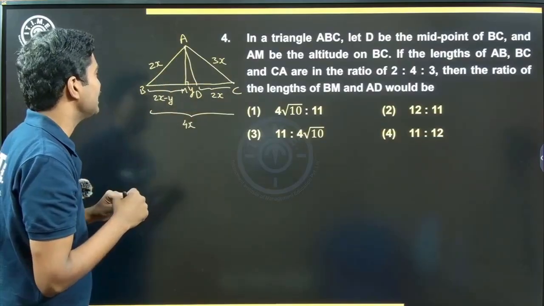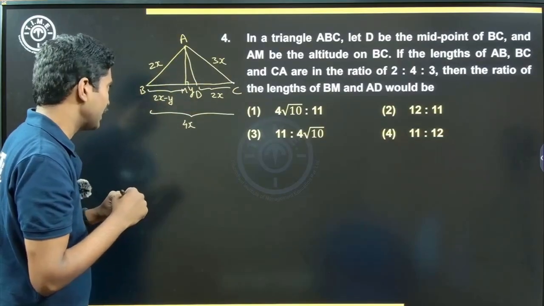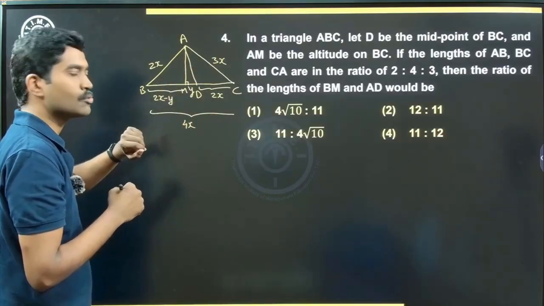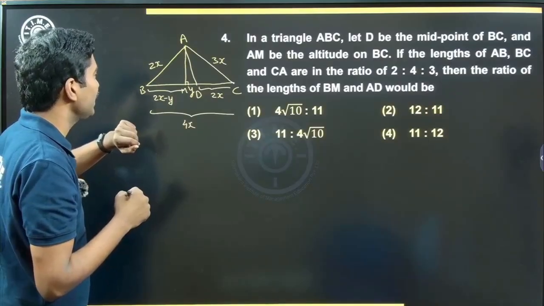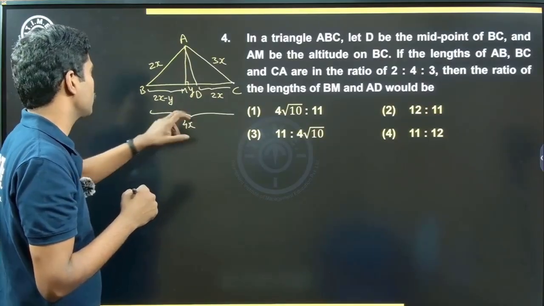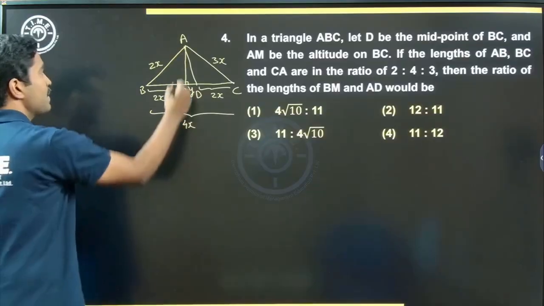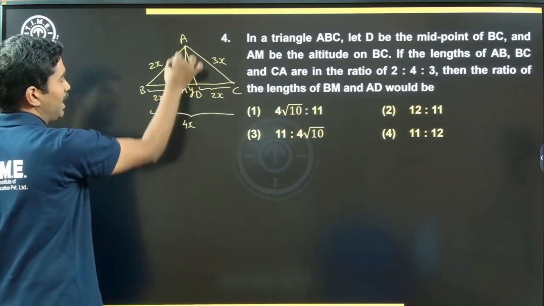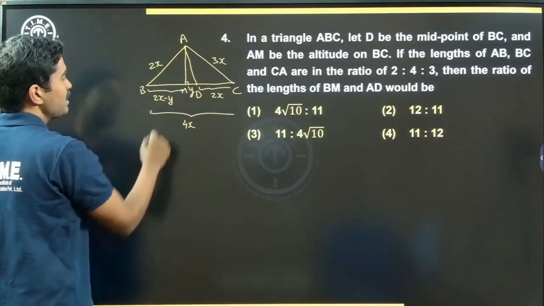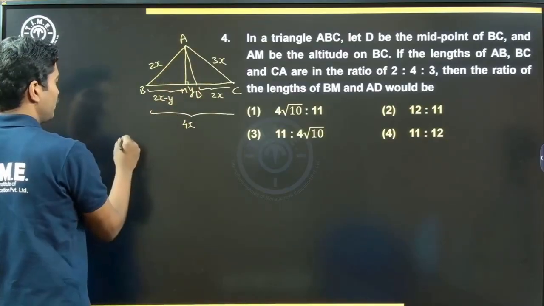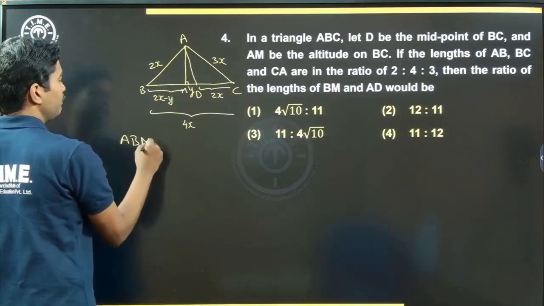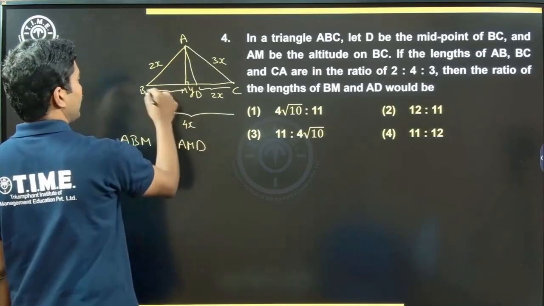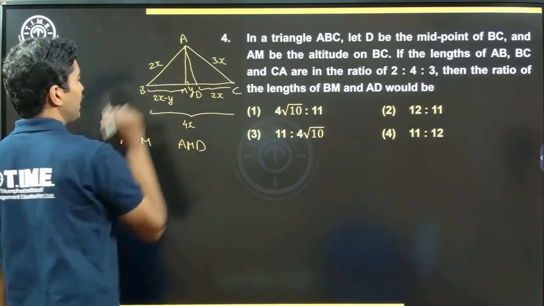And AD is the median of triangle ABC, but AD is also the hypotenuse of triangle AMD, correct? So what can we say here? AM is the perpendicular, the altitude dropped from A to BC, and we are going to look at triangle ABM and triangle AMD.